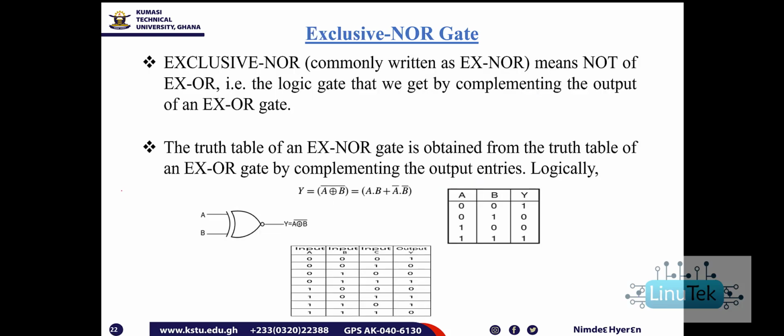Now let's look at the exclusive NOR gate, or the XNOR gate. What this means basically is that we are combining an XOR and a NOT gate, and that is what gives us an exclusive NOR gate.